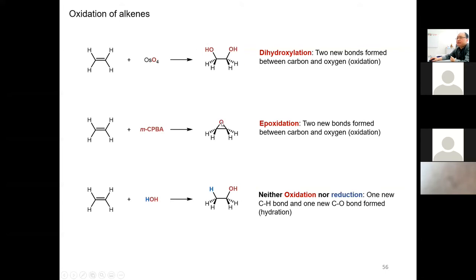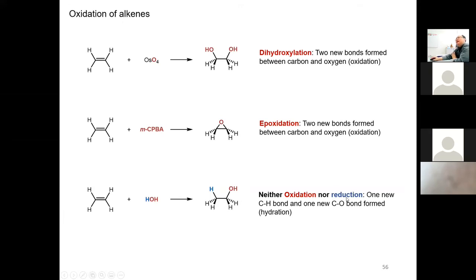The ring has two C-O bonds, and because the carbon is now bonded to a more electronegative atom, it is also considered an oxidation. And again, hydration: drinking water doesn't oxidize or reduce you, right? Although we form the C-O bond here, we also form the C-H bond. So overall, if you consider both of the carbon atoms, it's neither an oxidation nor a reduction reaction.